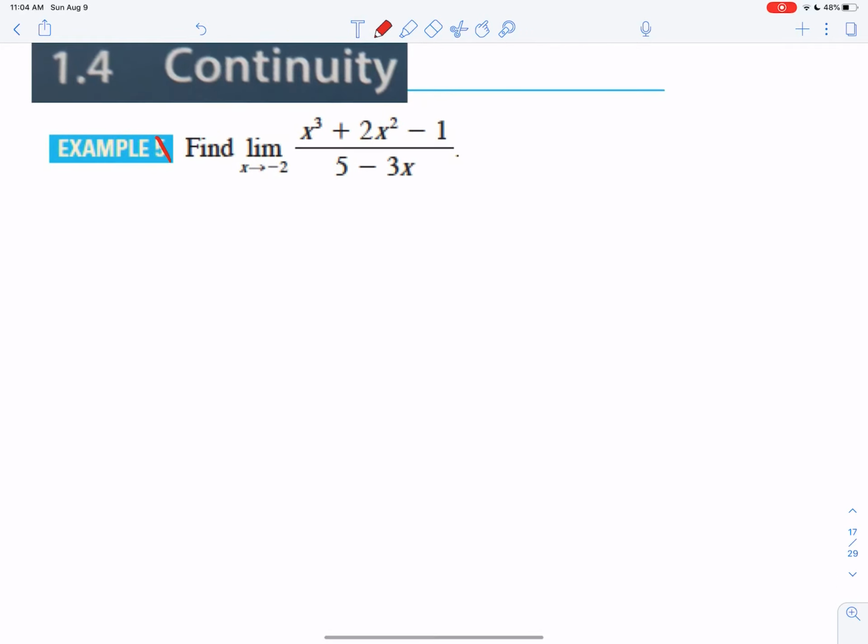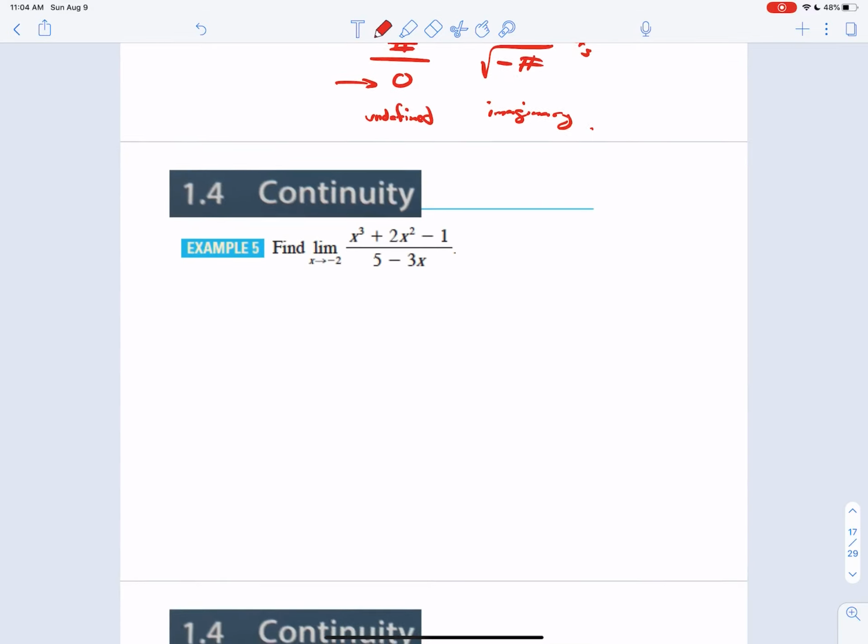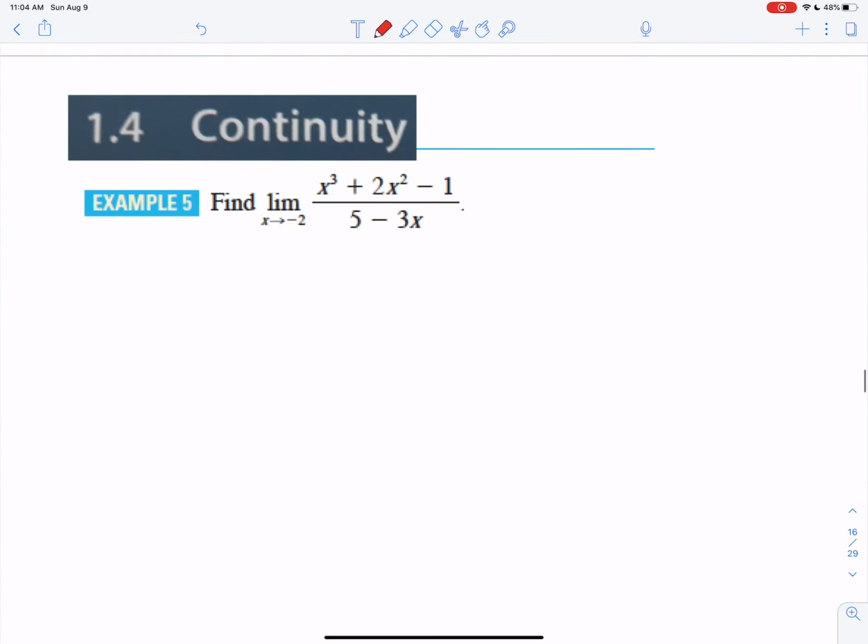Example, gosh, I want to say 3, but let's just call this 5 because I lose track of my numbers. Okay? So here we go. The first thing you want to do is, if I gave you a limit problem, right? I taught you guys to plug it in first.